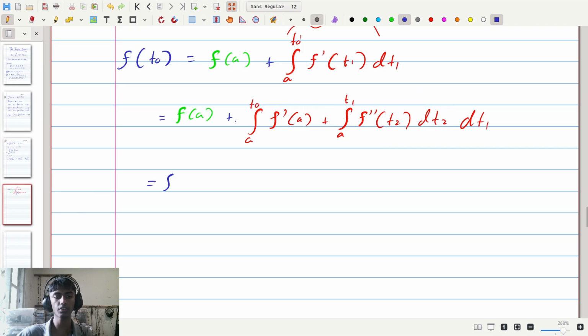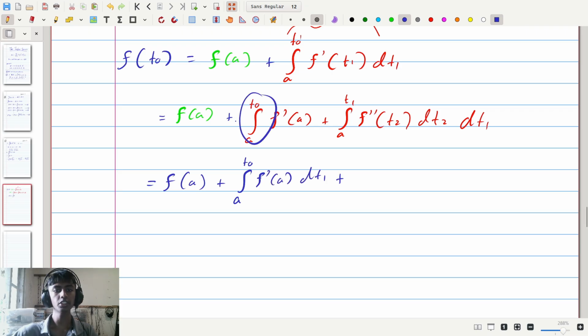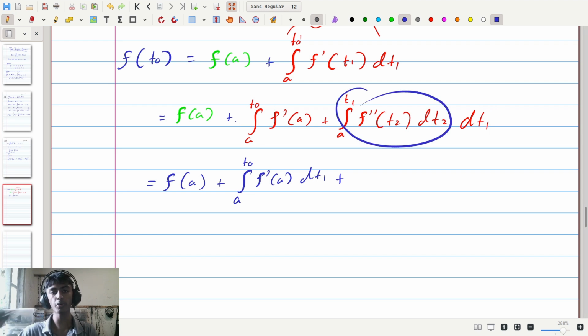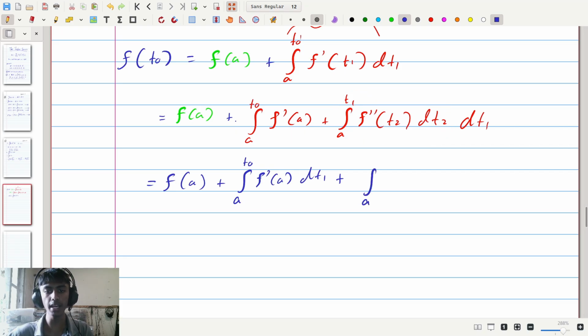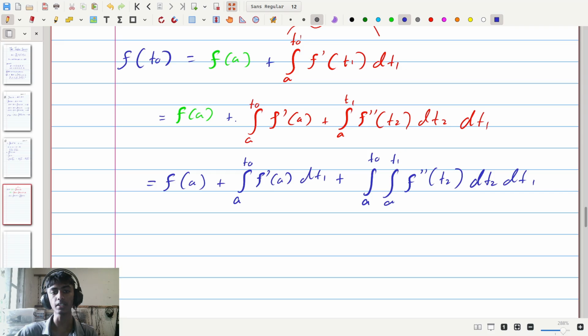So what we're going to do is say this is equal to f of a plus, taking this term out, the integral from a to t0 of f prime a dt1 plus the integral from a to t0 as t1 changes of the second integral over here, which we are going to write as the integral from a to t0 of the second integral from a to t1 of the value of f double prime of t2 as t2 changes as t1 changes. So this is the expression we have here. Over here, I'm going to now color code this differently.